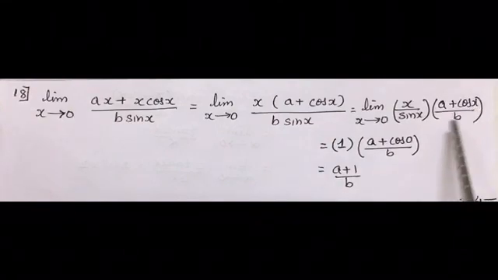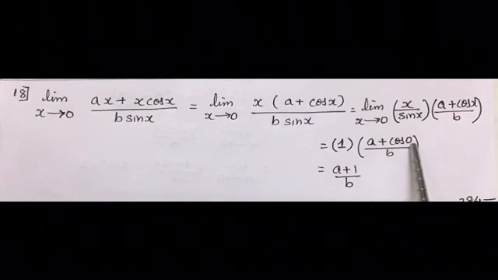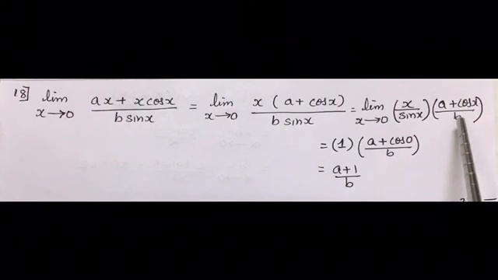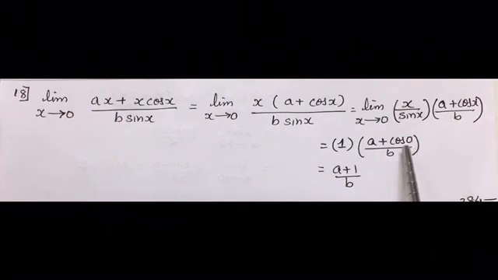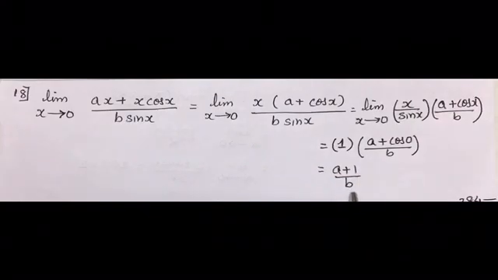Keeping the value of x as 0, we get a plus cos 0 divided by b in the second bracket. cos 0 value is 1. So the final answer becomes a plus 1 divided by b.